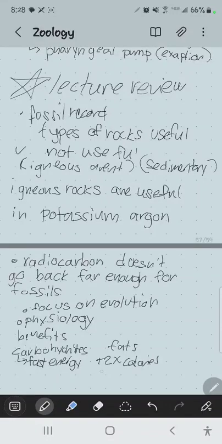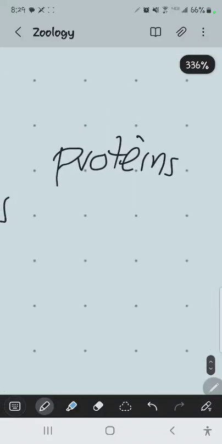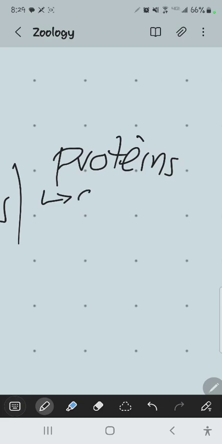And then proteins are great because you need proteins in your diet to make your own proteins. They have calories similar to carbohydrates, but the problem with proteins is they make a nitrogenous waste, right? You make ammonia whenever you digest proteins, and that has to be dealt with, which we'll come back to.